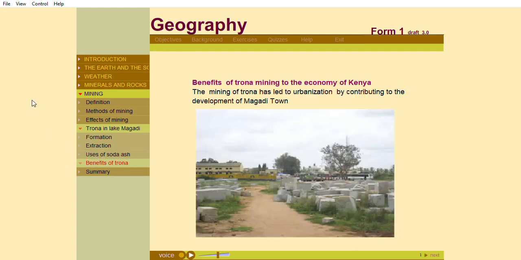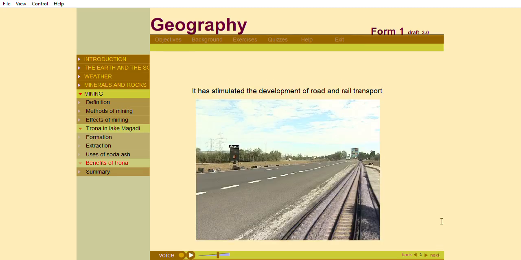The mining of trona has led to urbanization by contributing to the development of Magadi town. It has stimulated the development of road and rail transport.